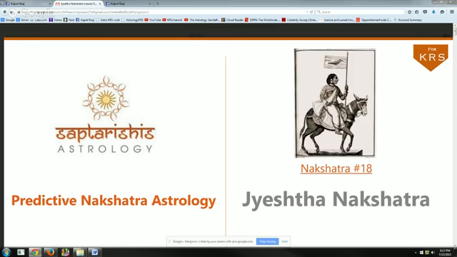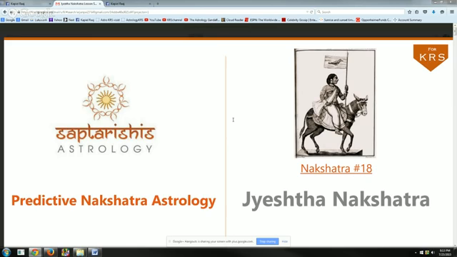So she is the elder sister of Lakshmi, and she's Alakshmi, which means she is associated with misfortune. If you see the picture there, she's holding a flag which has a crow. And in most other depictions, you see even a broomstick. She carries a broomstick, and she's riding a donkey. It is not a horse; it is a donkey.